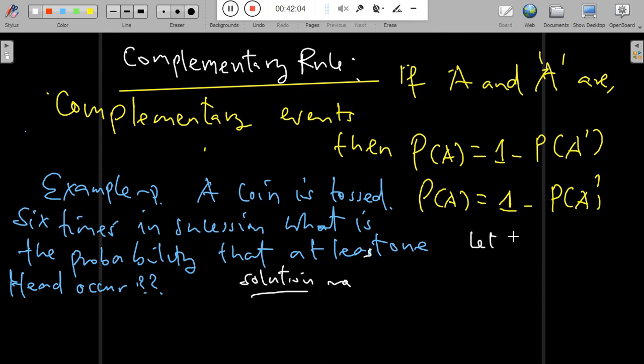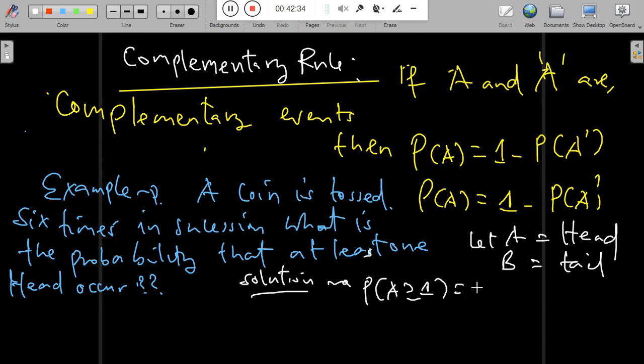Solution. Now, from our formula, the probability of A is equal to 1 minus probability of A complement. Let A be representative of the head, and B representative of the tail. So remember, when a coin is tossed, there is a possibility of obtaining either a head or a tail.